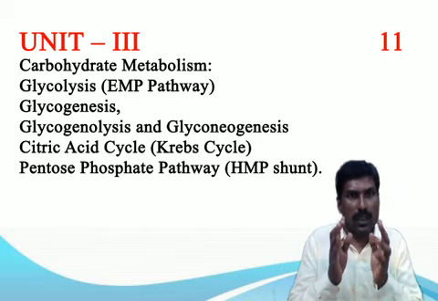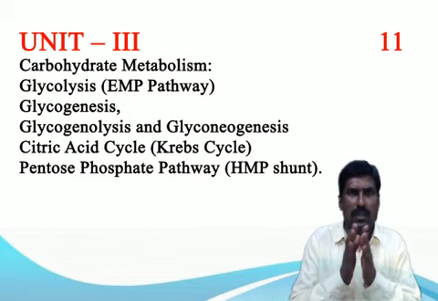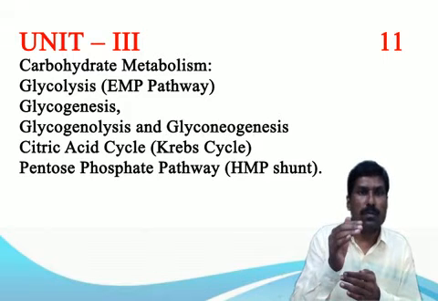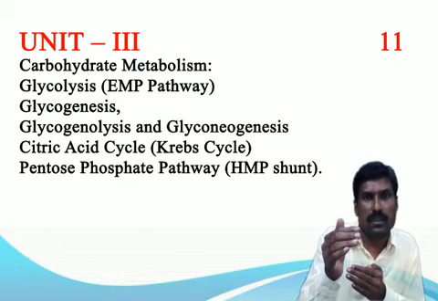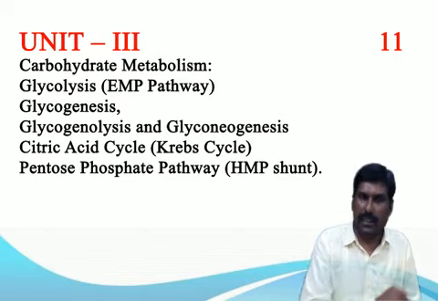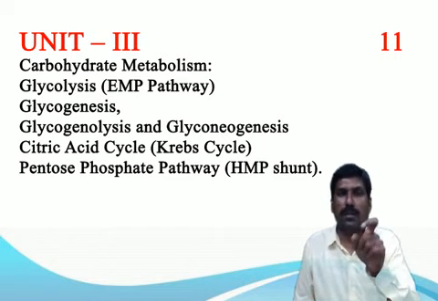Then gluconeogenesis. We know gluconeogenesis is the formation of glucose in the liver from non-carbohydrate sources such as amino acids and lactate. Then the citric acid cycle, which is also called the Krebs cycle.